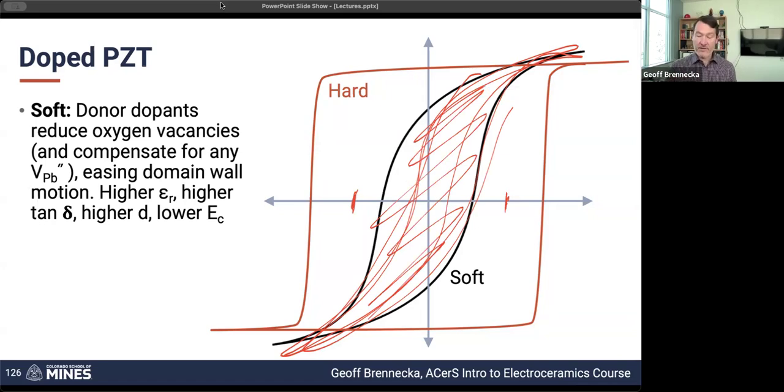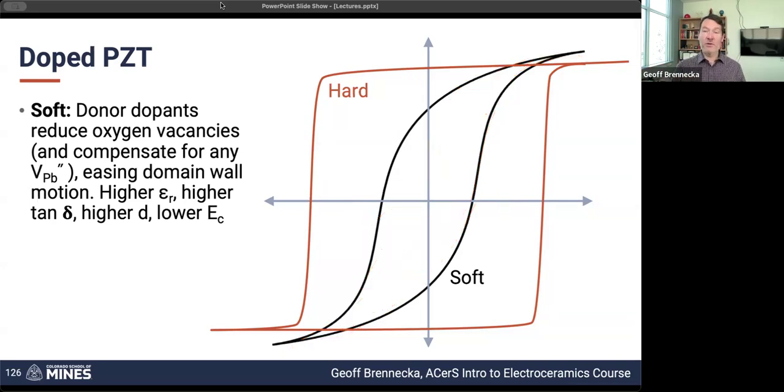So the soft PZTs, because the domain walls are moving a lot more, there's energy dissipation associated with that. So soft PZTs have higher D coefficients, but they also have higher losses. They have higher relative permittivity, but they also have higher tan delta. So generally they're going to have higher tan delta and losses associated with that.